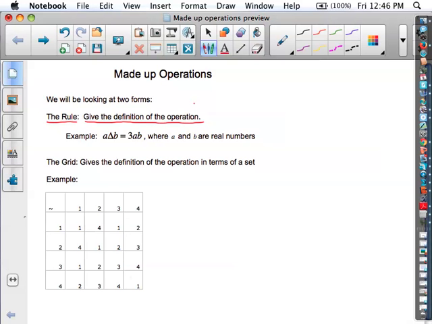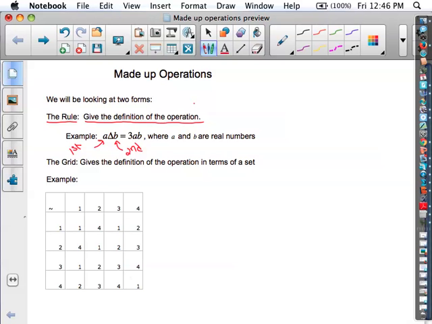In this example, it has A delta B equals 3 times A times B. And how I want you to think about that is, if I have two elements, this is the first element, and this is the second element.